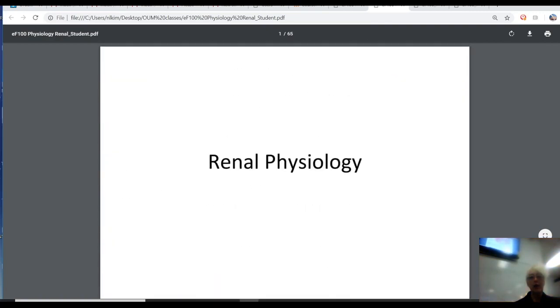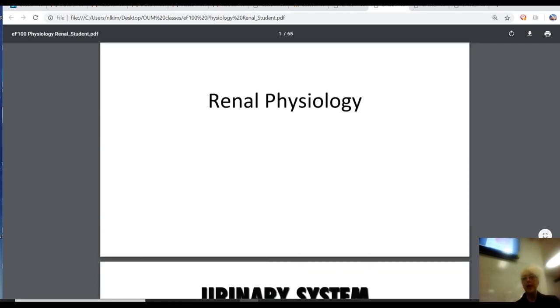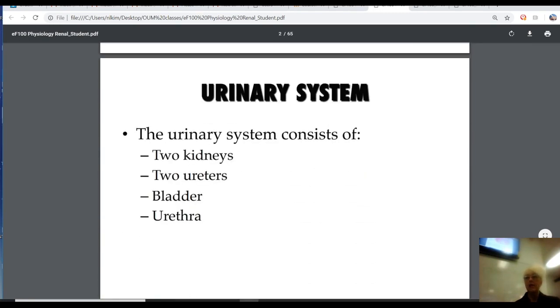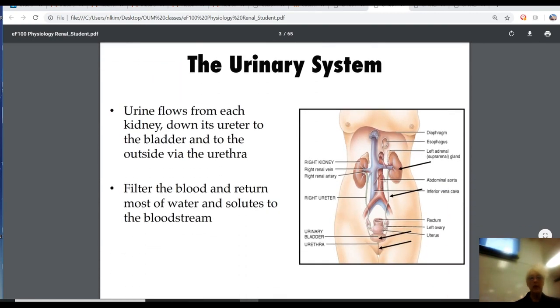Okay, so here we are learning the external anatomy of the renal system. We kind of looked at renal physiology, and we're going to look at this again.